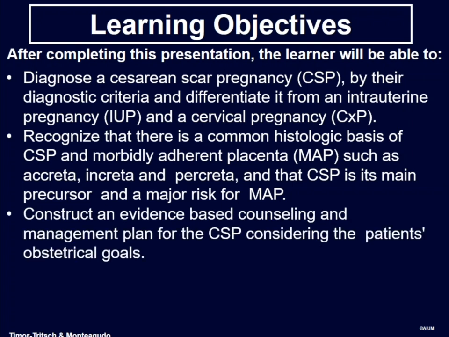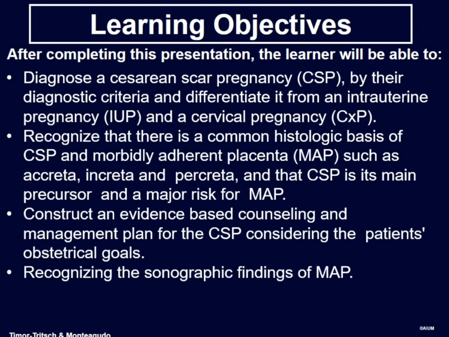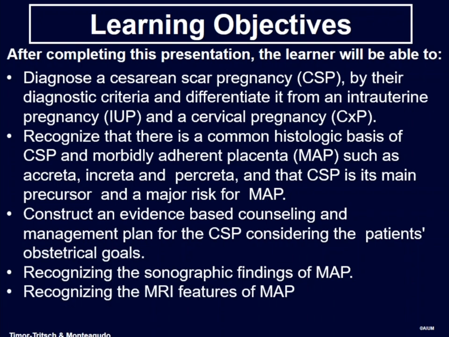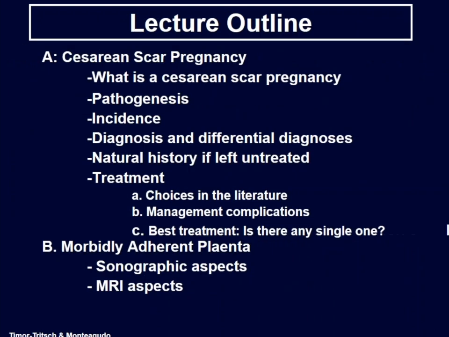You will be able to construct an evidence-based counseling and management plan for the scar pregnancy, considering the patient's obstetrical goals. You will be able to recognize the sonographic findings of morbidly adherent placenta and those of the MRI features of the same.